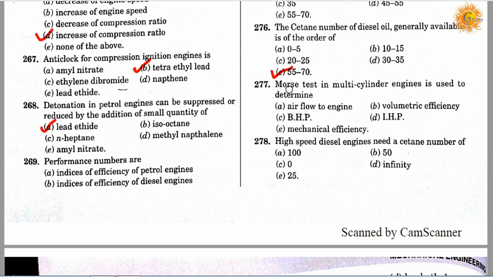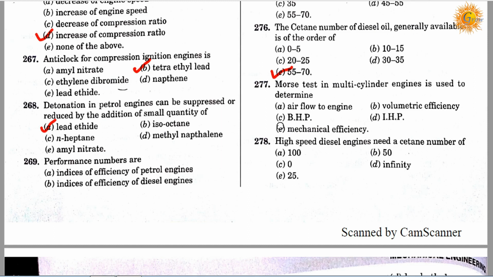277. Morse test in multi-cylinder engines is used to determine option A, airflow to engine, option B, volumetric efficiency, option C, brake horsepower, option D, indicated horsepower, and option E, mechanical efficiency.